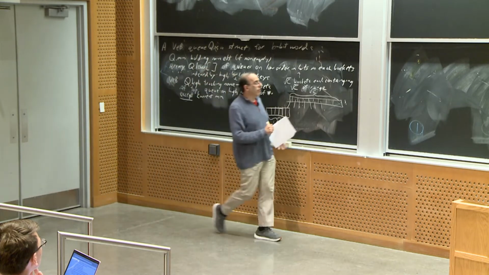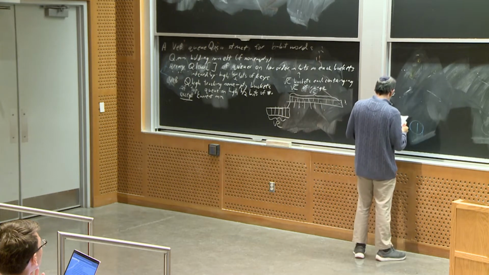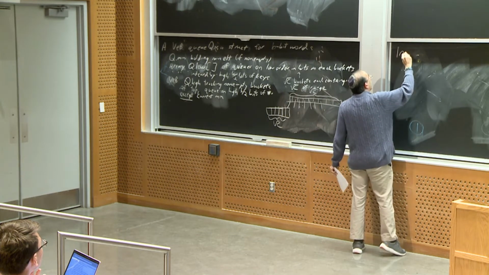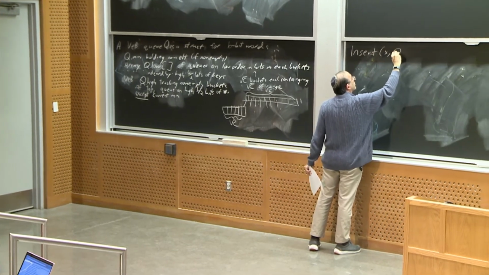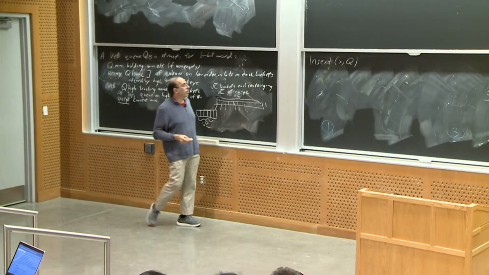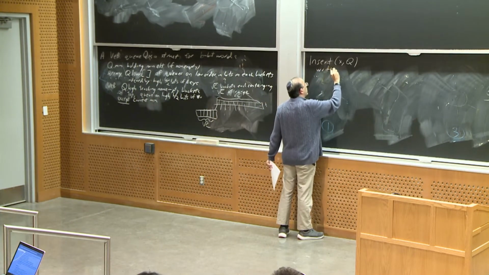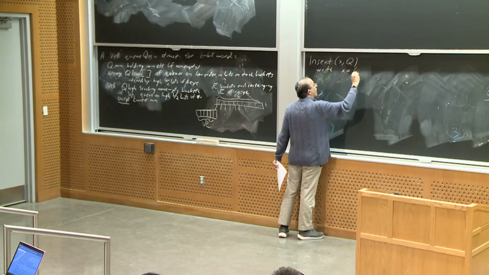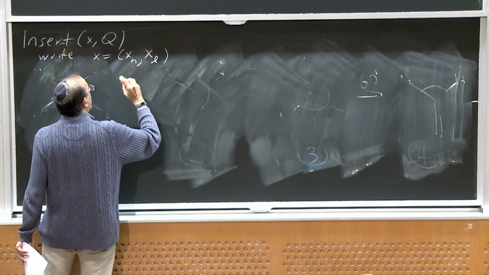Okay, so in order to verify that, let's think about the operations that we might want to perform. So one of them is insert. Okay. So I've got a Van Emde Boas queue. I want to insert an element x into it. For notation, I'm going to write x as x high and x low.